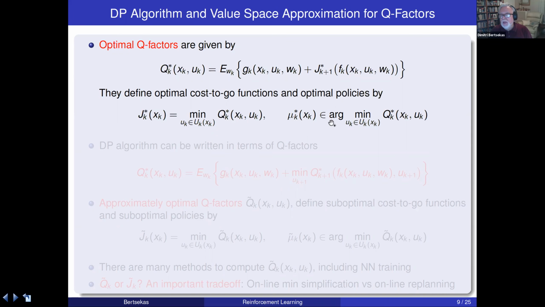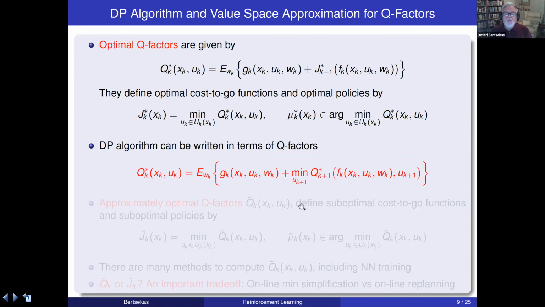Moreover, an optimal policy can be obtained by minimizing this Q factor over u. So Q factors are related to our central concepts in dynamic programming. Moreover, the dynamic programming algorithm itself can be written in terms of Q factors.